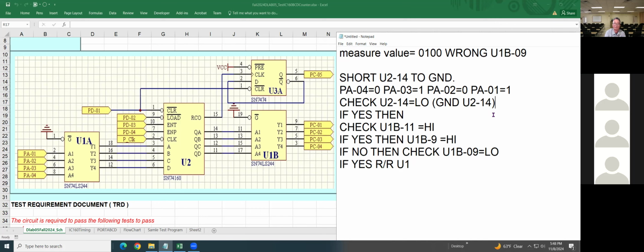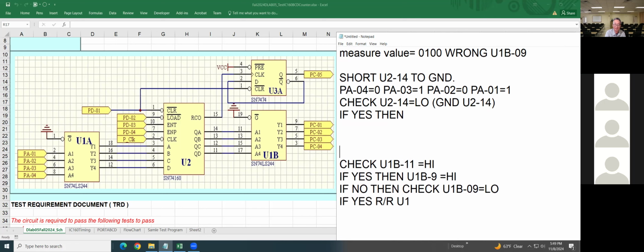Now, if yes, then what can we do? You take U2 pin 3, correct? Take U2 pin 3 for high, right? You want it to be high.